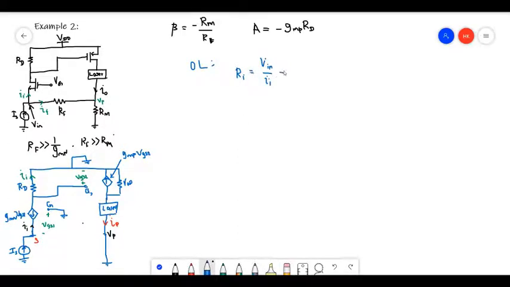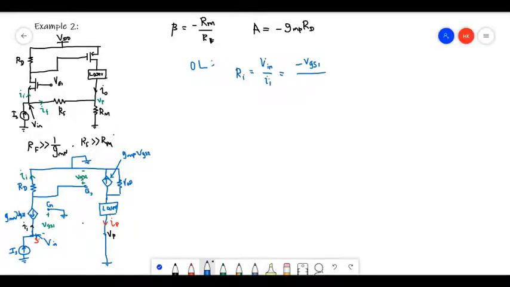Let's see how we find it. V in is here. Now this point is V in and this is ground, so instead of V in I can write minus VGS1, because V in is equal to minus VGS1.